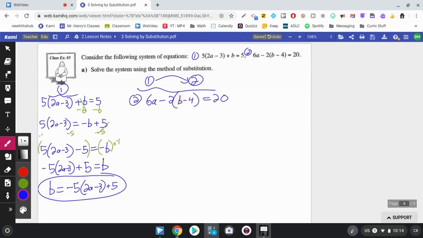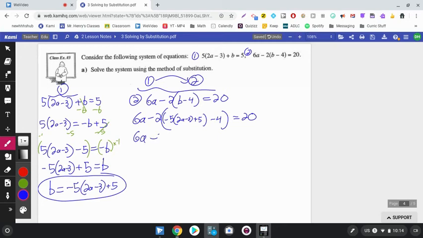So right inside this bracket is what I'm going to replace. 6a minus 2 times (negative 5 times (2a minus 3) plus 5 minus 4) equals 20. So notice I replaced all of this in a bracket. That's b. I have to simplify that, and then I will move on to other things.